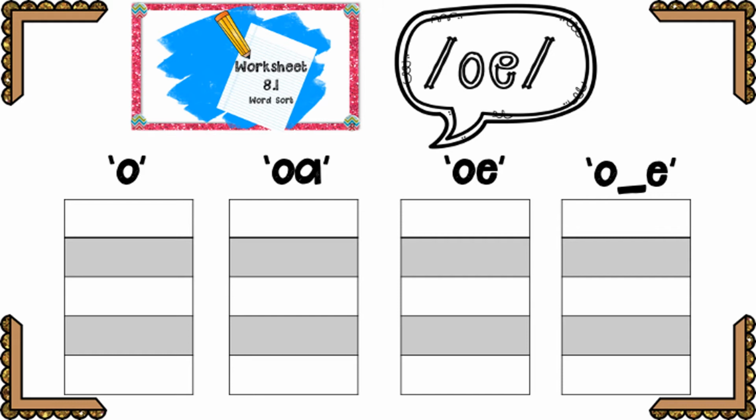Toe. Find the word toe, it's your OE, that says O, and circle it. And the last one that's been done for us is bone, which is O consonant E. So circle the word bone. Okay, so make sure each time you find the word and you write it down that you circle it or check it off.